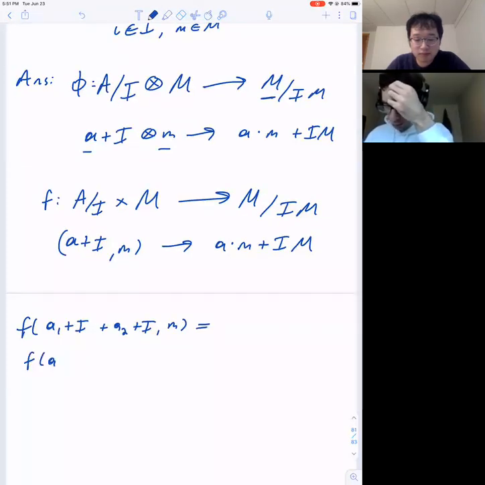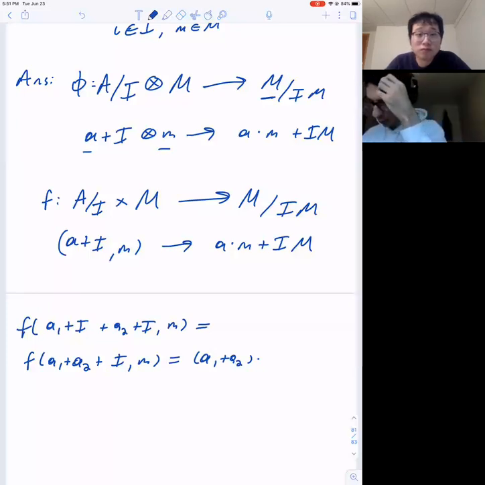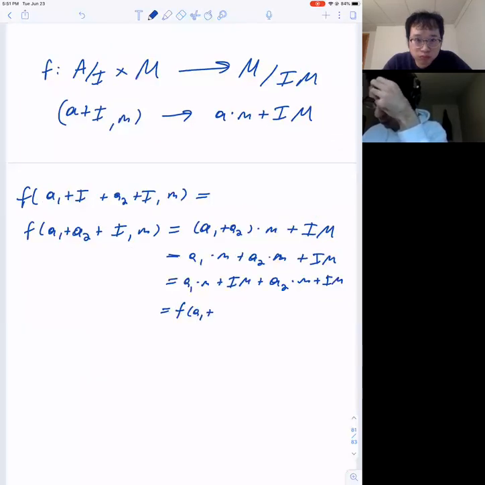F of (a1 plus a2) plus I, m is the same thing as (a1 plus a2) times m plus IM. That's the same thing as a1 times m plus a2 times m plus IM. This is a1 times m plus IM plus a2 times m plus IM. That's the same thing as F of a1 plus I, m plus F of a2 plus I, m, etc., etc.